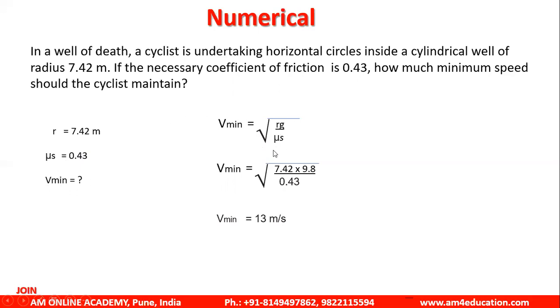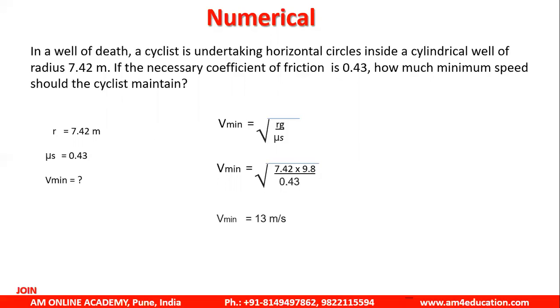So v min is under root rg upon mu s. We'll substitute all the values, calculate this and take the square root of this. So we'll get v min equal to 13 meters per second. In this well, where the radius is 7.42 meter and the coefficient of friction is 0.43, the minimum speed should be 13 meter per second.